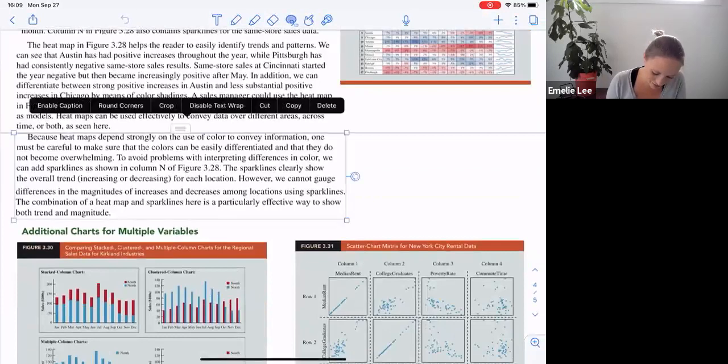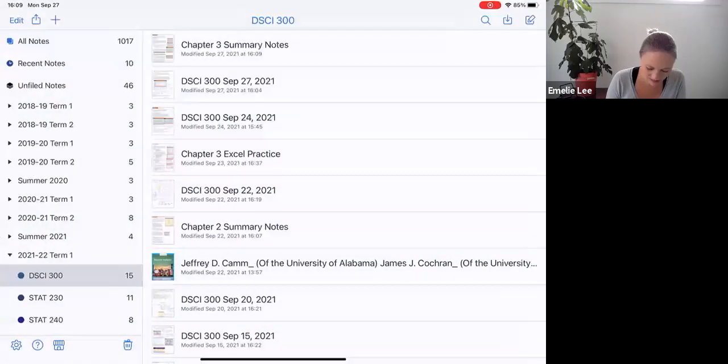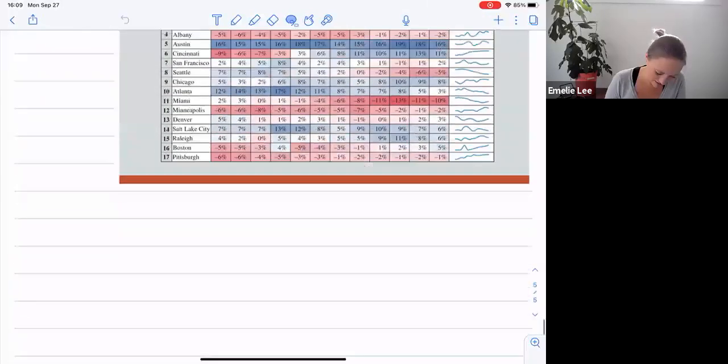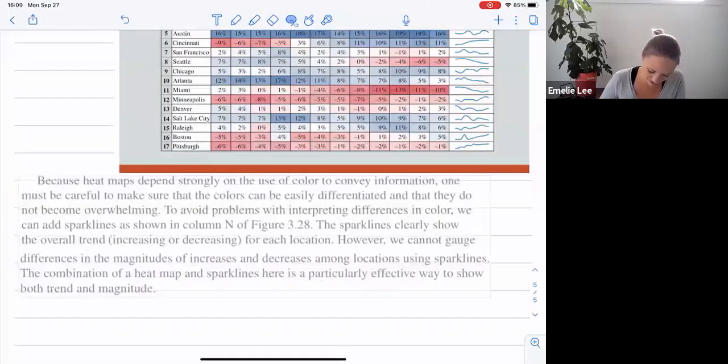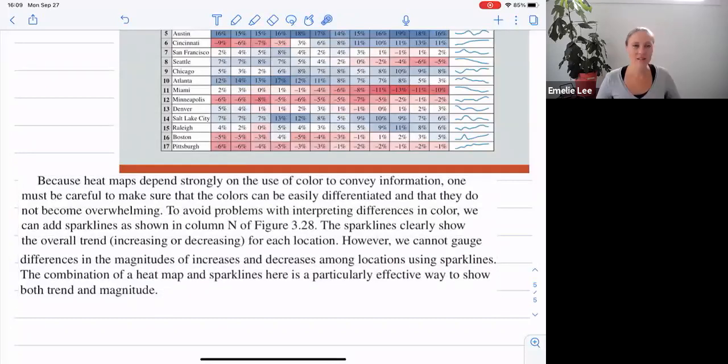One thing that I do want to point out is the different colors that you use. So you have to be really, really careful when you're choosing colors. We talked about color blindness before, right? And it can be a real problem, especially if you have tons of different categories, for example, that you want to talk about. You're going to start to run out of colors, but you want to make sure that each color is distinct from another color.